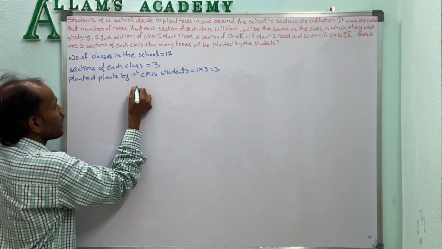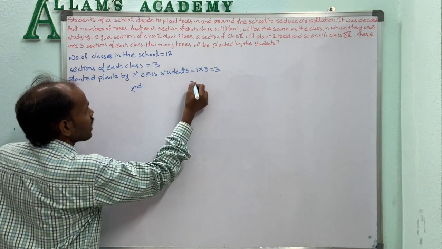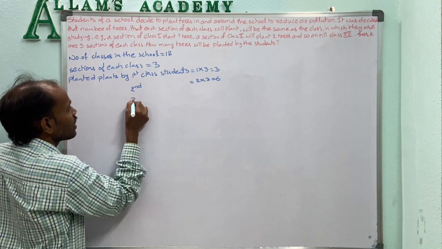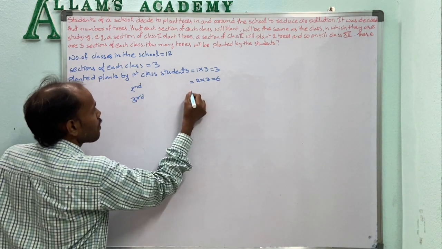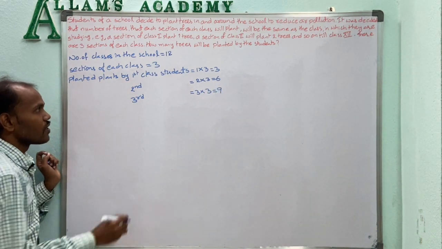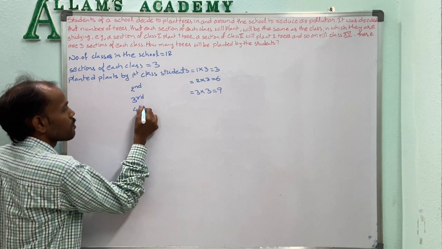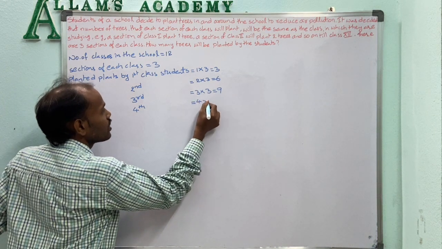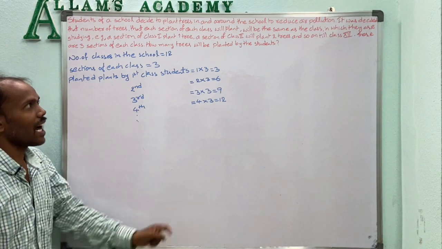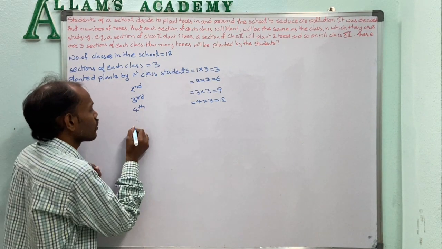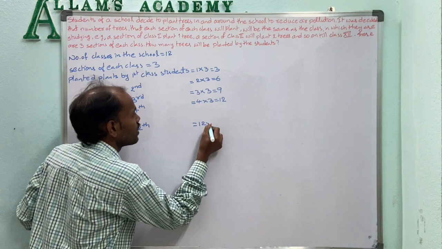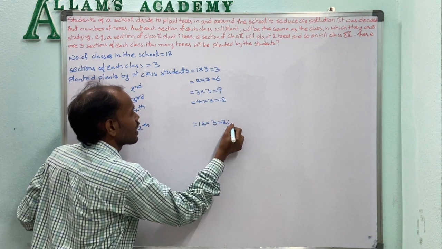Plants planted by second class students, 2 into 3 is equal to 6. Now the third class students planted 3 into 3, that equals 9. The fourth class students planted 4 into 3, that equals 12, and so on. There are up to 12 classes. So 12th class students planted 12 into 3 is equal to 36.